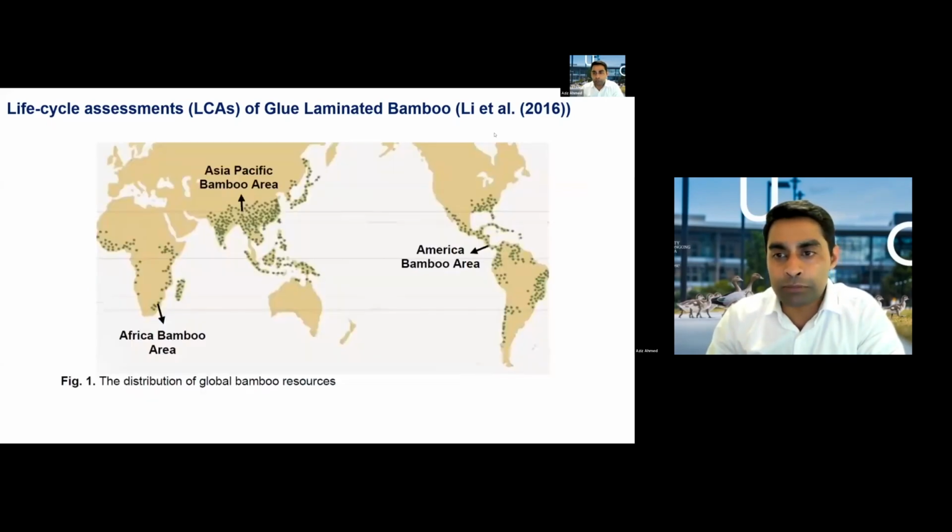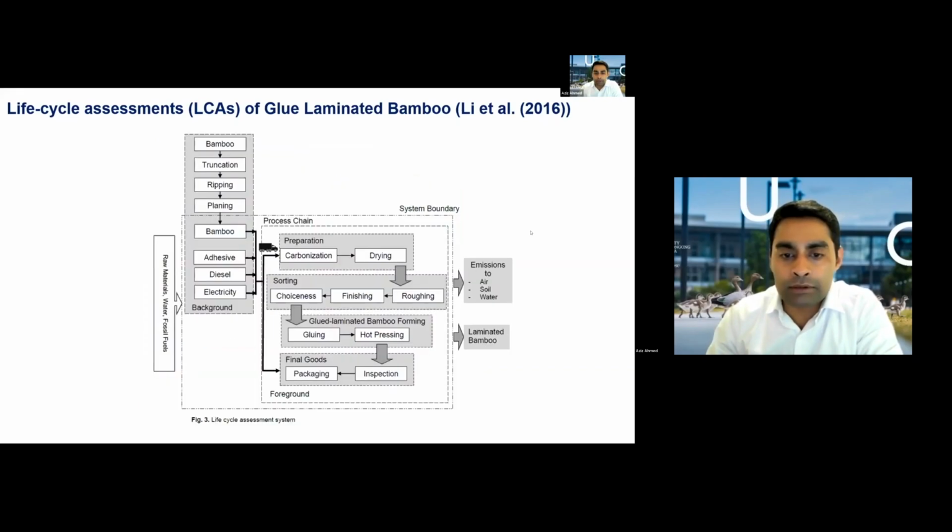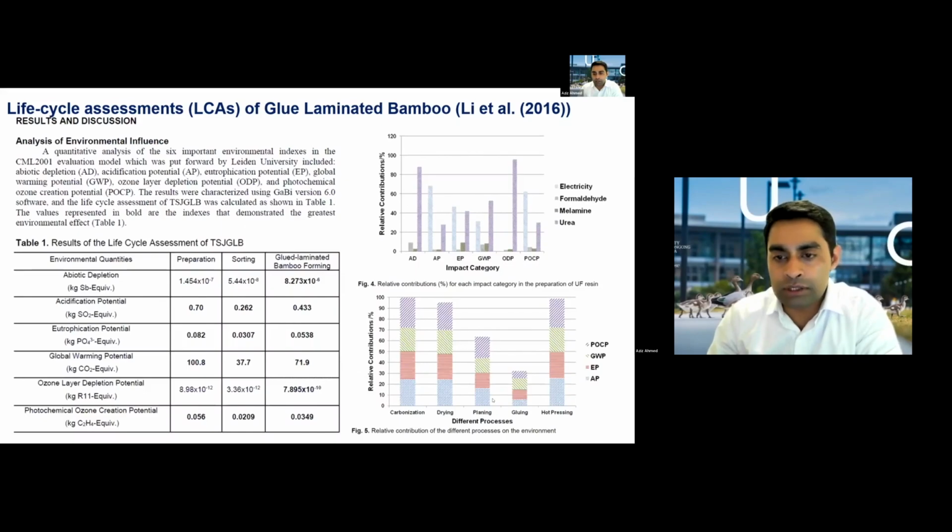And this particular paper by Lee et al. in 2016 did a good comparison of glue laminated bamboo, which is essentially the engineered bamboo that we're talking about. They performed a quite in-depth comparison of different steps and different parts. What they found was quite interesting.